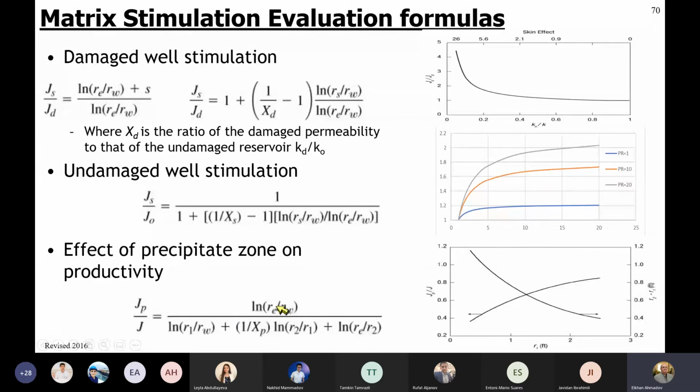So those calculations help us to evaluate the effect of stimulation, the effect of the created damaged collar, and how that will be seen as a part of the productivity.